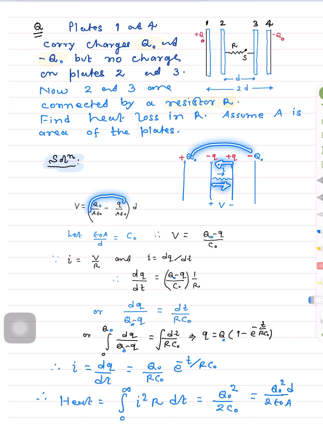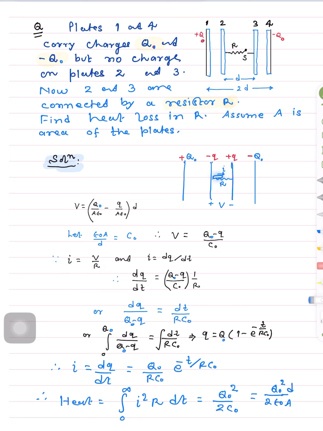The net field is this much, and multiplying by d we will get potential difference V. Let us give a symbol to simplify the calculation: epsilon naught A by d as C naught. We will use the symbol of capacitance, because it is dimensionally a capacitor. So V will be equal to Q naught minus small q upon C naught, and I at the instant will be equal to V by R by Ohm's law.